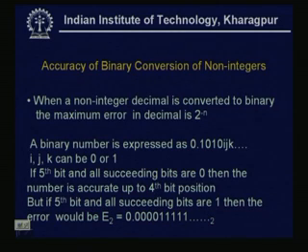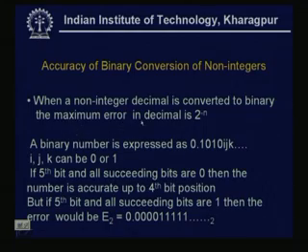Then obviously there will be some errors, because if we increase the number of bits, then we will be nearer and nearer to the actual value. So, this is what we define as an error.